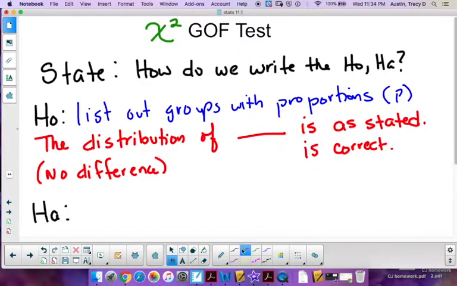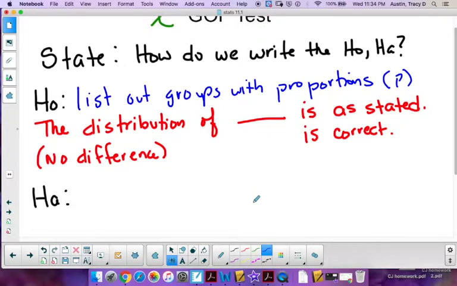Now, here's where it gets interesting. The alternative, you're not allowed to say that the distribution is incorrect, or the distribution of blank is not as stated, okay? Because that implies that there's something wrong with every single group within that distribution. Now, remember that you're taking a population and you're dividing it into groups, okay?